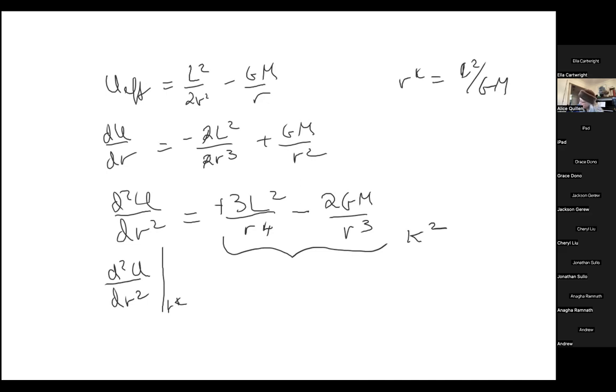So when we do that, you get 3L squared over r star to the fourth minus 2GM over r star cubed. And so if I actually evaluate it, like I put r star in there, what you wind up finding for a Keplerian orbit is that the epicyclic frequency is equal to the angular rotation rate for the orbit.